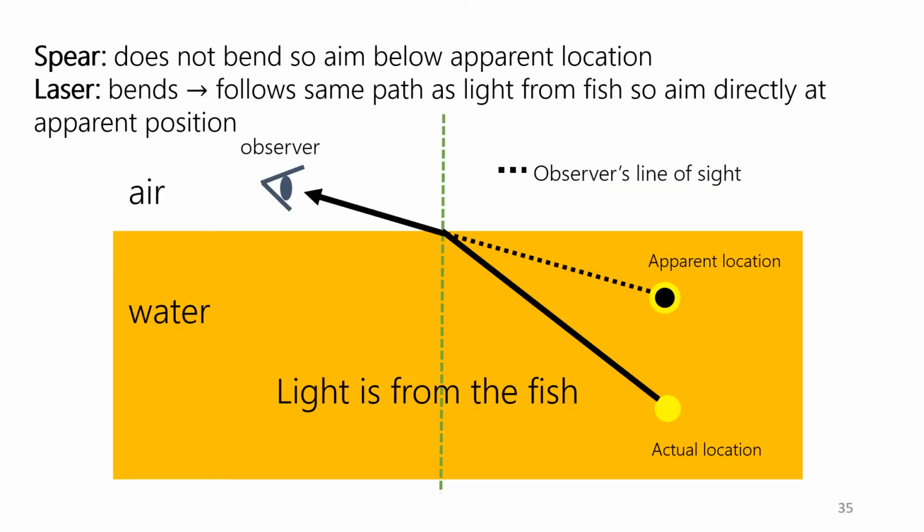Remember that the spear does not bend, so we aim below its apparent location. On the other hand, this laser will actually follow the same path as the light from the fish to the observer, because laser, well, is light. We just aim directly at the apparent position of the fish and let refraction do its work.